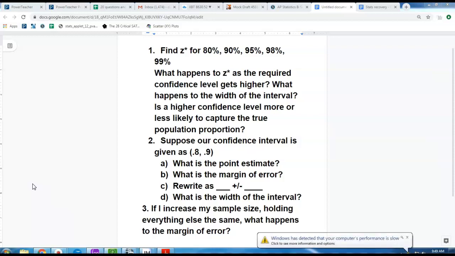So that's your end result. What's in the middle? How much did I add or subtract from 0.5 to get to the point? So that's the setup, and then this is your point estimate. And this is your margin of error.